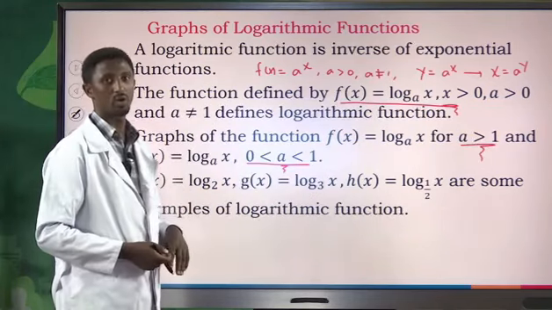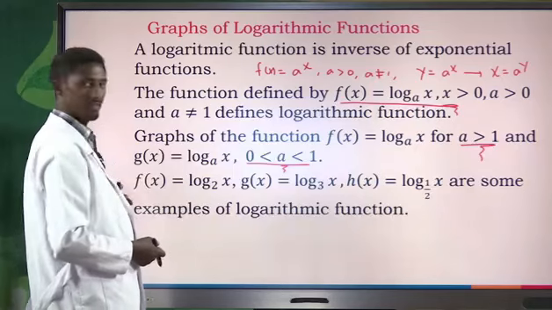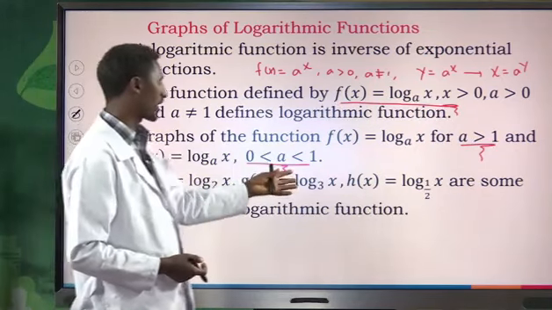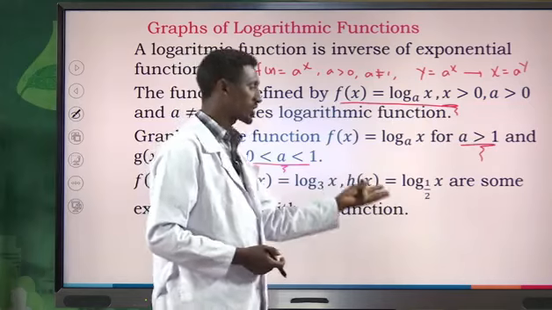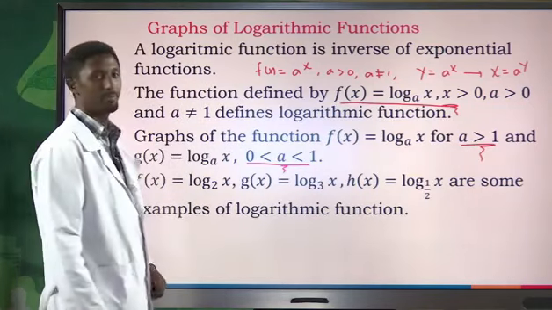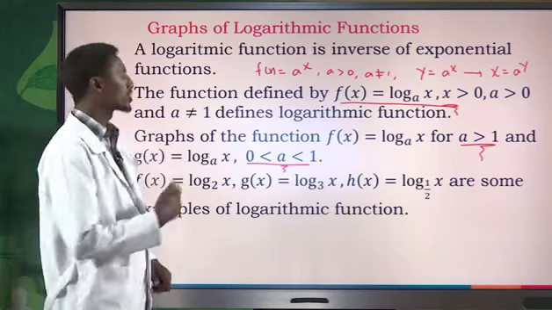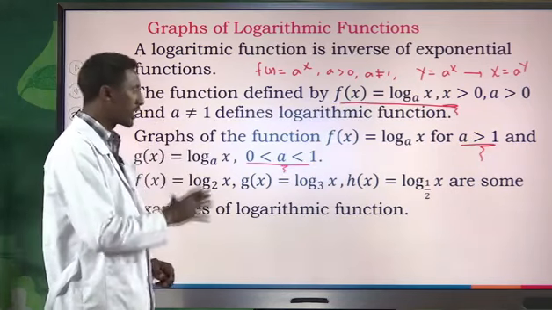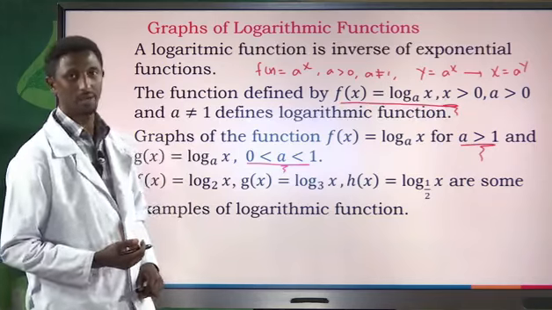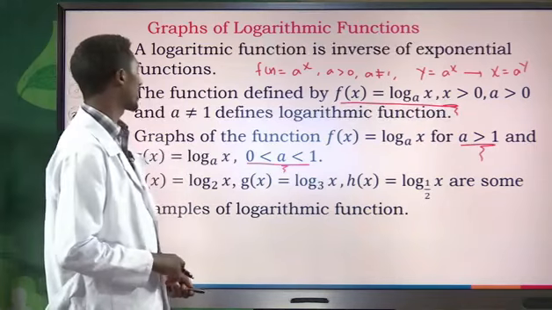These are some logarithmic functions. The function f of x equals log x to base 2, g of x equals log x to base 3, and h of x equals log x to base 1 over 2 are some examples of logarithmic functions. We'll look at the properties and graphs of such logarithmic functions.